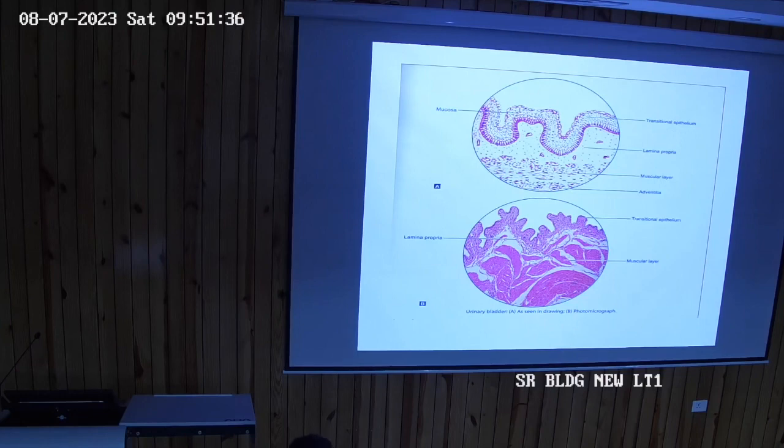I am telling you first. In the large intestine, to the naked eye, there are longitudinal ribbon-type bands. These ribbon-type bands are the taenia coli. These are collections of smooth muscle fibers, collected on the anterior surface and inferior surface also. So the taenia coli are present on the large intestine.